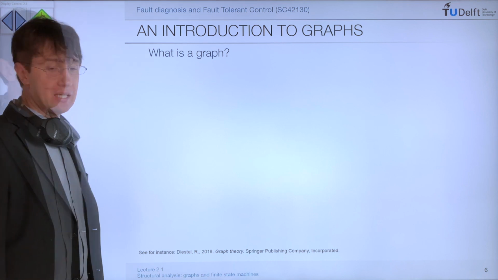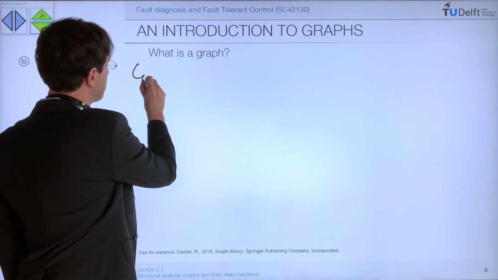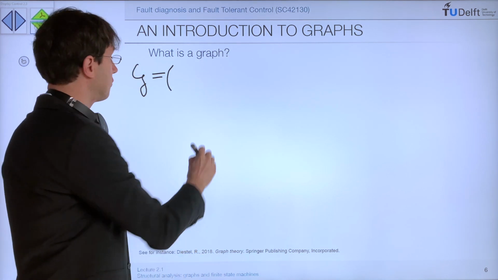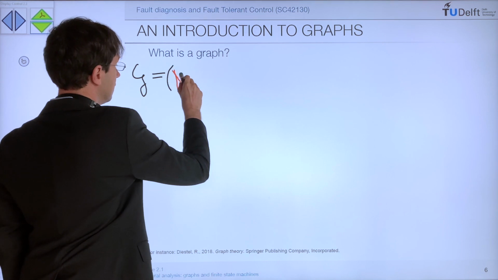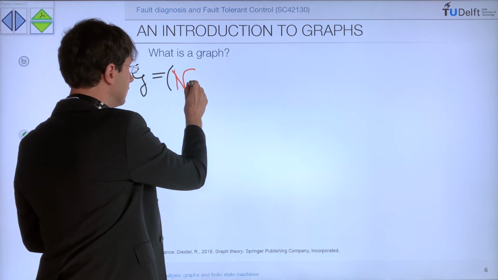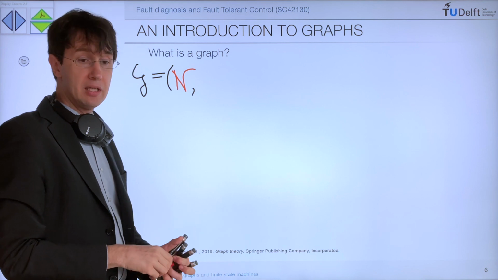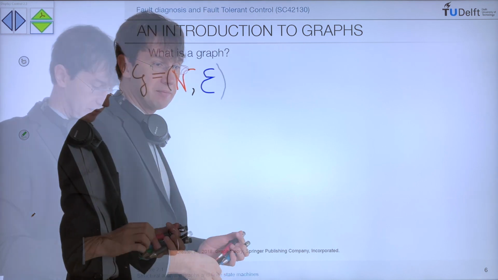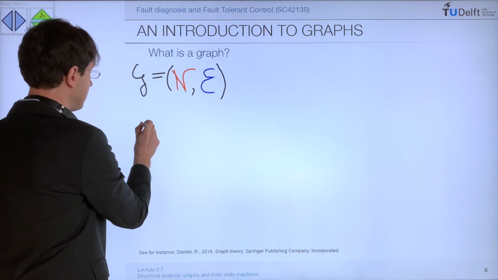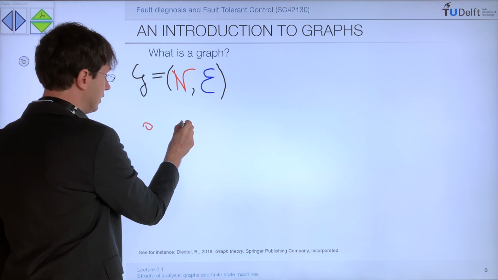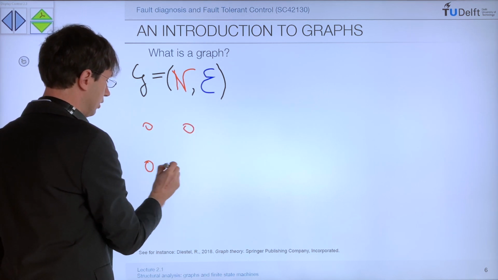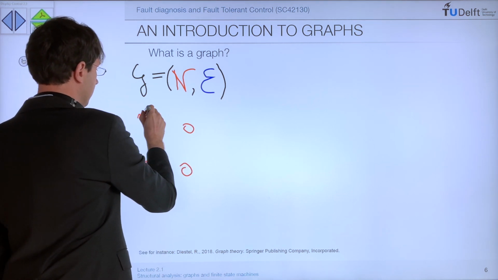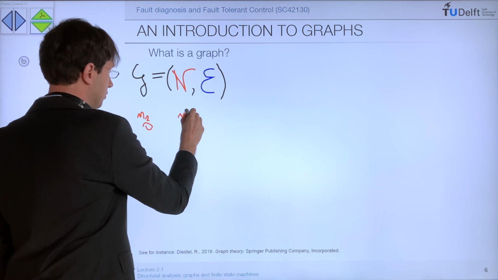A graph is a pair of two objects. The first is a set called the node set, while the second one is a set called the edges set, and we denote it with an E. We can have as an example this simple graph here with nodes 1, 2, 3, and 4, and they are called N1, N2, and so on.